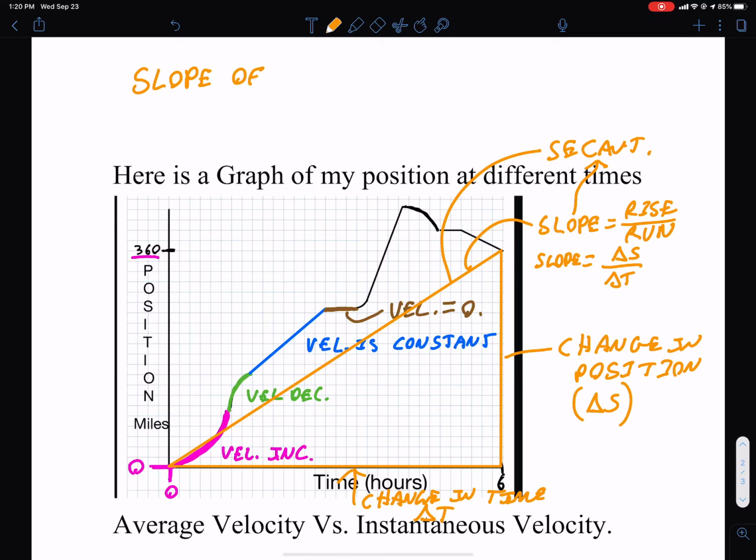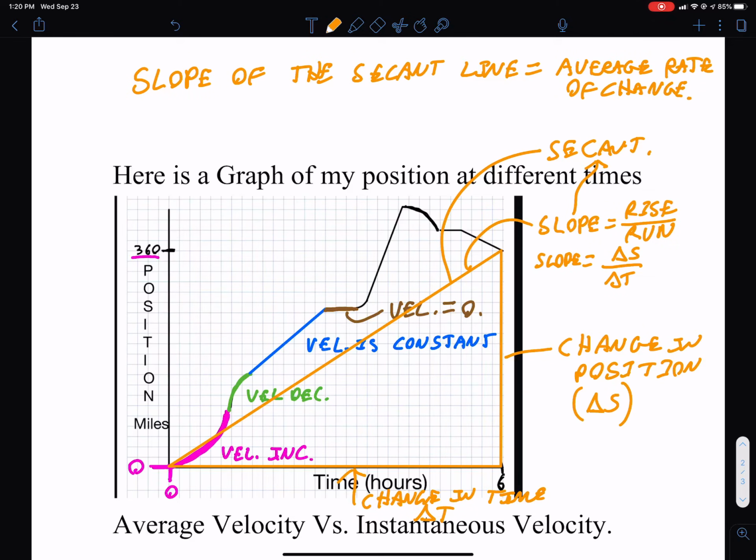The slope of the secant line is the average rate of change. That's huge. You need to make that connection. That concept is going to be with you through the rest of the year. The slope of that line is the average rate of change.